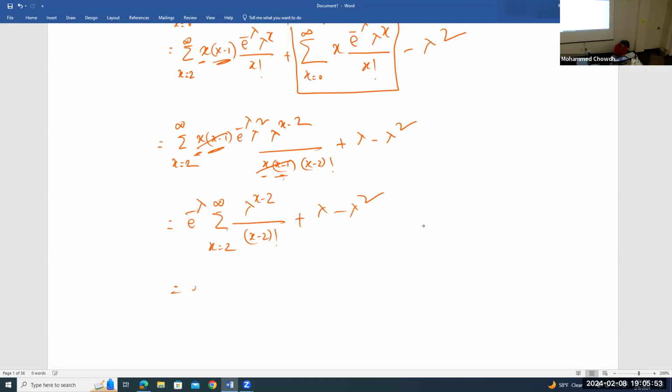Now, if you plug it in there, e to the power minus lambda, what are you getting here? 1 plus lambda over factorial 1, lambda square over factorial 2, lambda cube over factorial 3. It will go all the way like this, plus lambda minus lambda square.